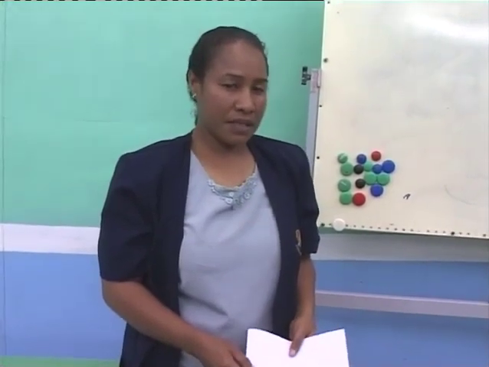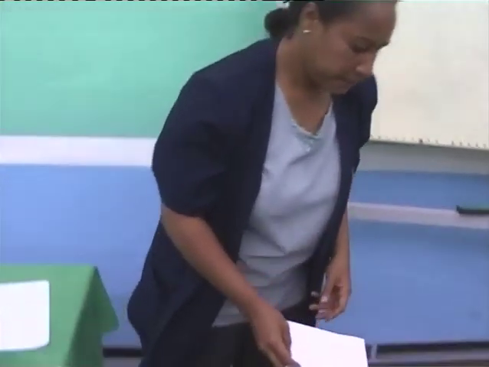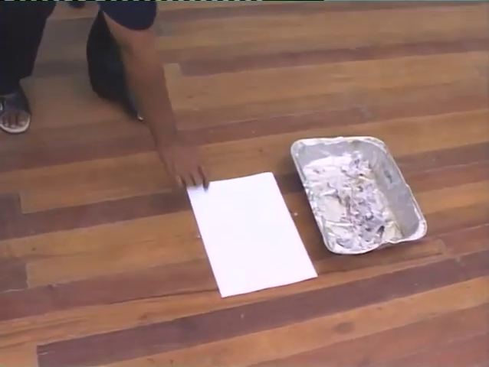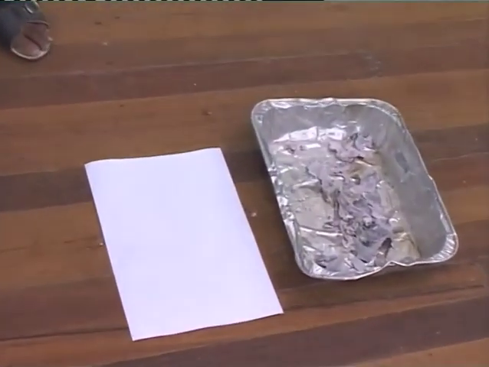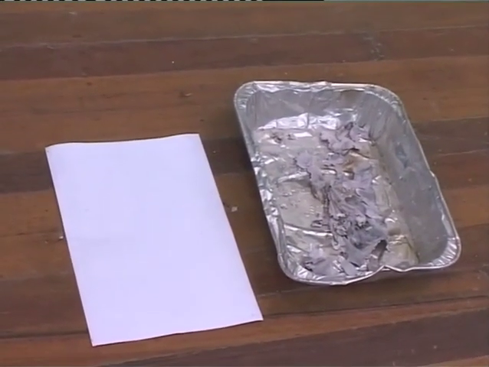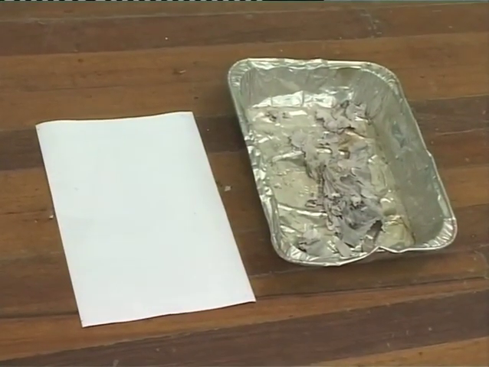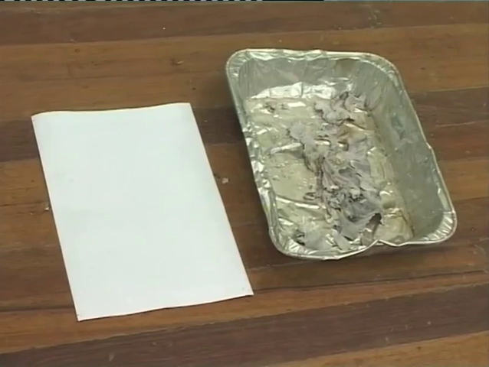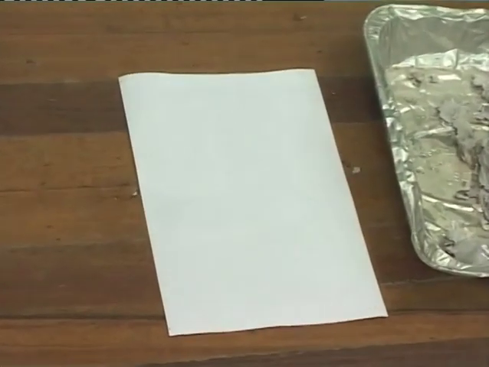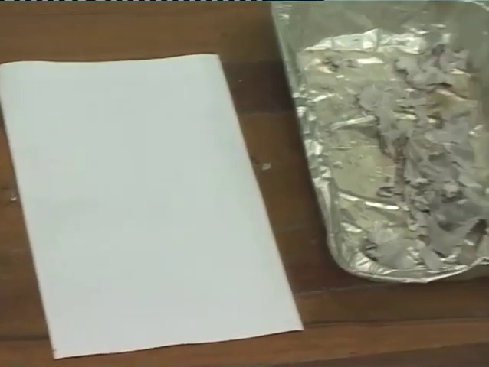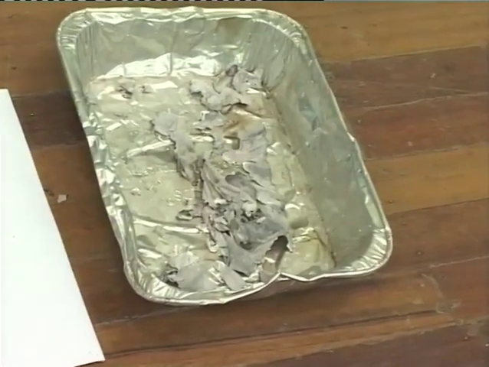Okay, now we will compare the original substance with the substance that has been burnt. You will now tell me whether this is a physical change or not. All right, now you can see the paper is now ash. What can you say?